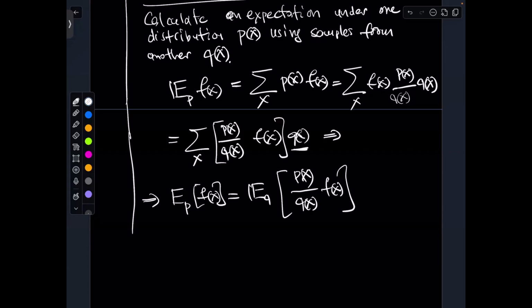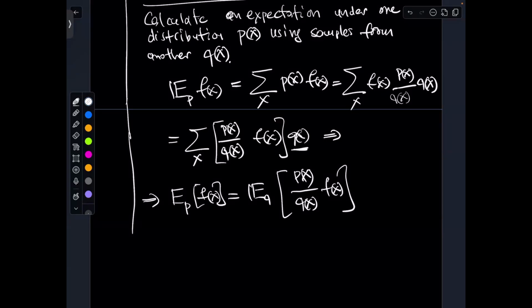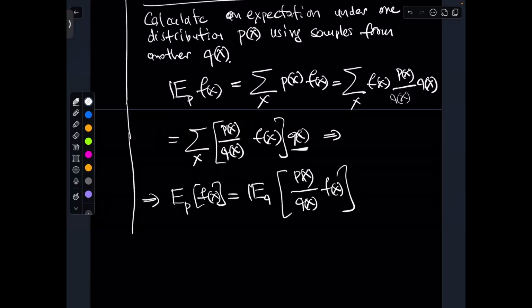Therefore, I'm changing the output probability distribution. And out of this new output probability distribution, I am calculating returns and therefore expectations. I want to connect the expectations that I'm calculating to expectations that I would have calculated if I stuck to the policy that the trajectories were generated from.